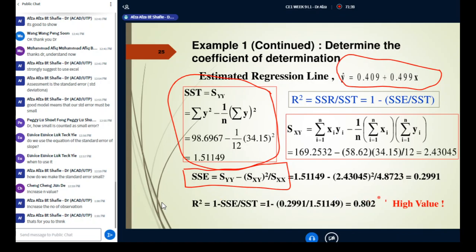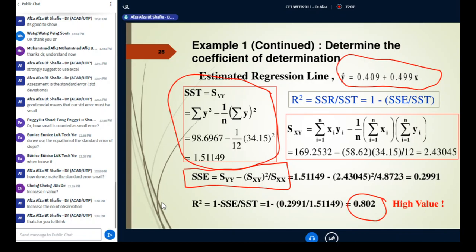At the end of the day, we get 0.802. So 0.802 is very high. So we say that this is a very strong relationship because the X, the production, actually contributes about 80% to the value of the dependent variable, the electricity consumption or something like that.